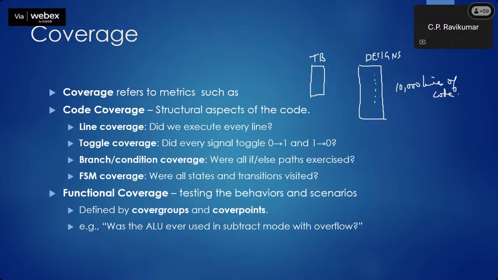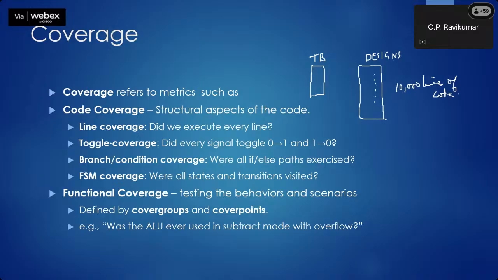So that is called code coverage. So we look at the code. The thing is, the verification engineer doesn't have the code with him or her. They are only writing test benches.